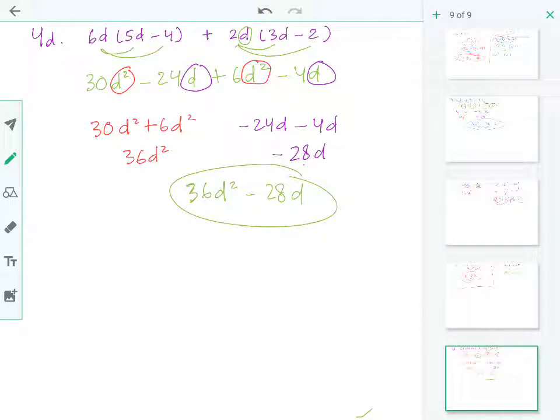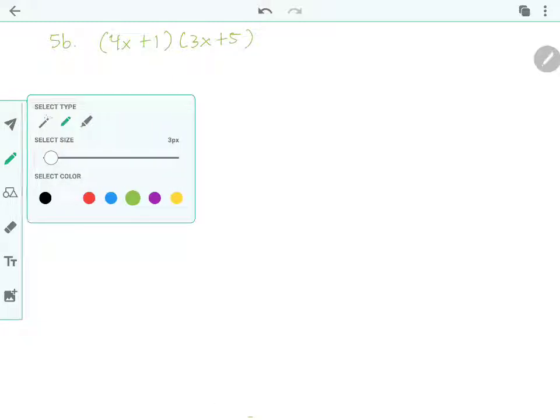Now let's do number 5. Okay, for number 5, we need to do the rainbow method again. So 4x plus 1 multiplied by 3x plus 5. Do the rainbow method now.